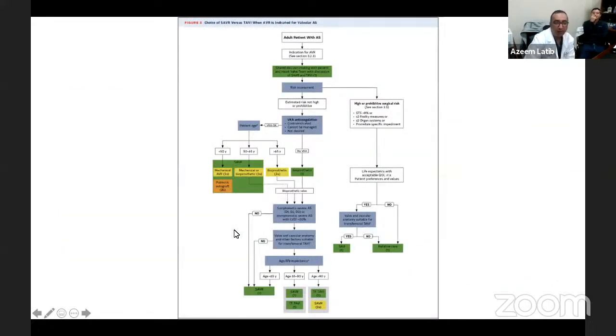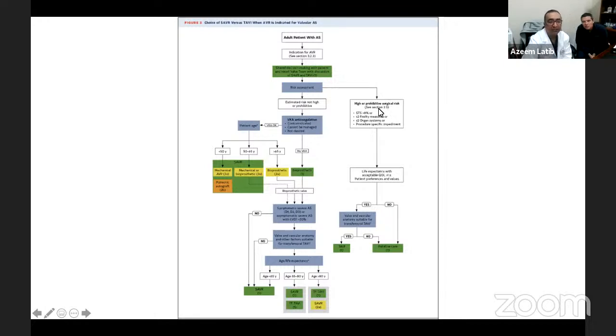So this diagram is a little bit hard to read. Let me just see if I have a better one, but I'll try and go through it here for you. This is an adult patient with AS, and the first thing you do is perform your risk assessment.